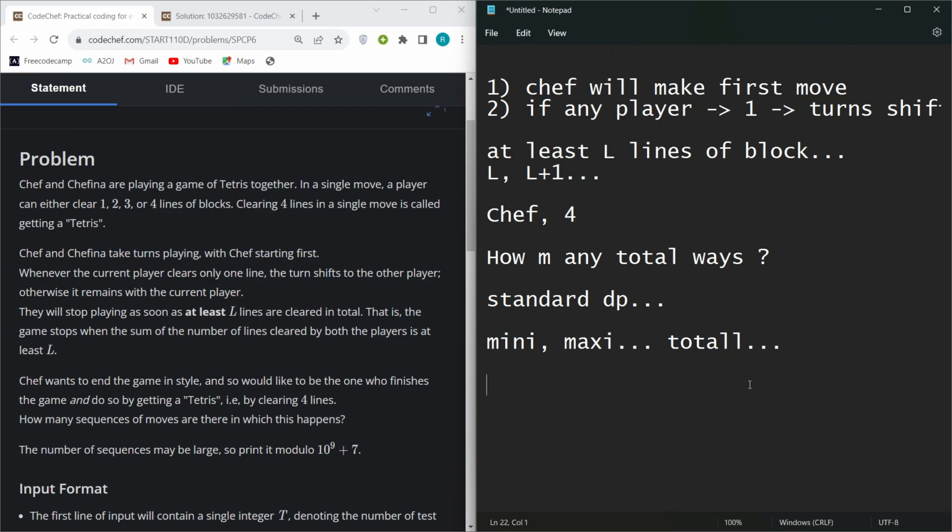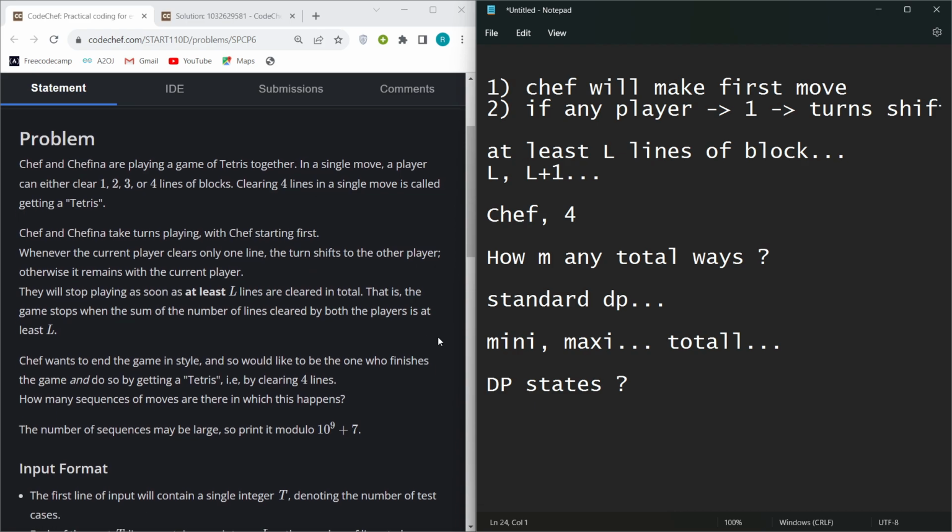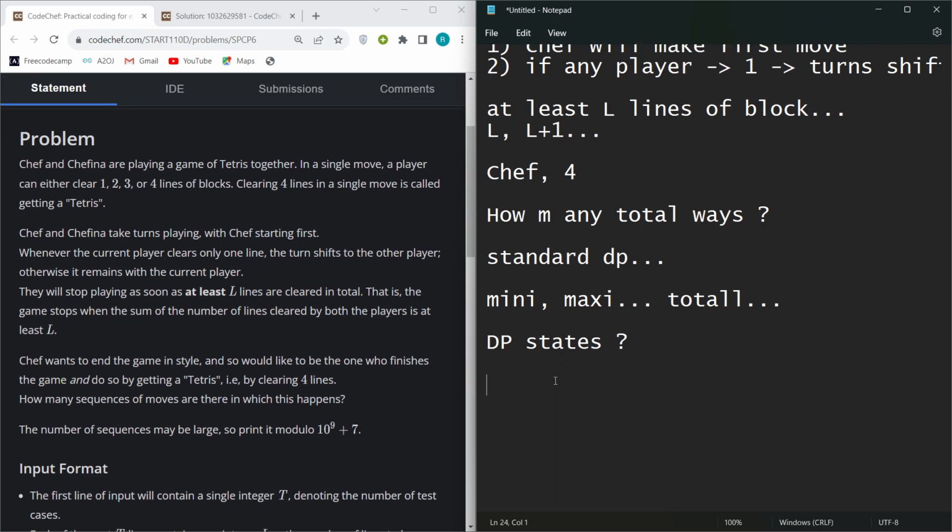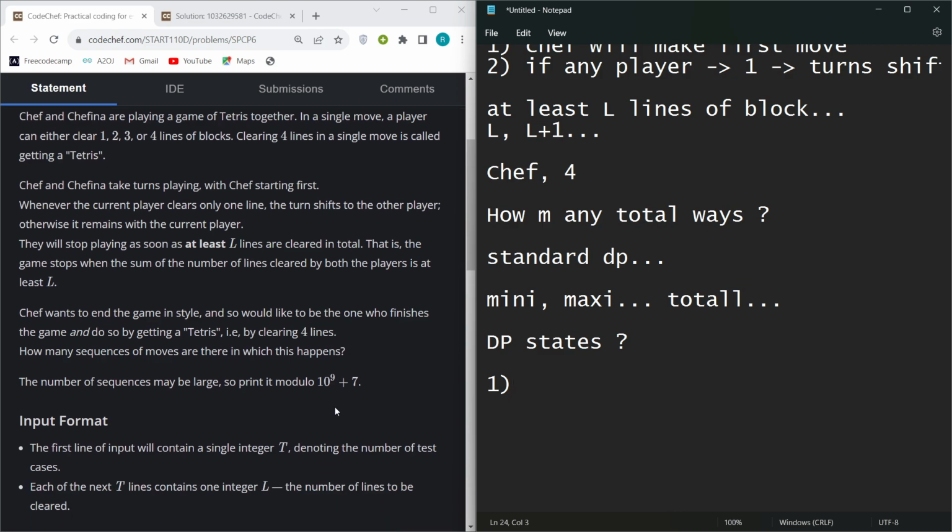The first thing is to calculate the number of states, and what those states are. While making the DP solution, it will depend on the number of lines remaining.